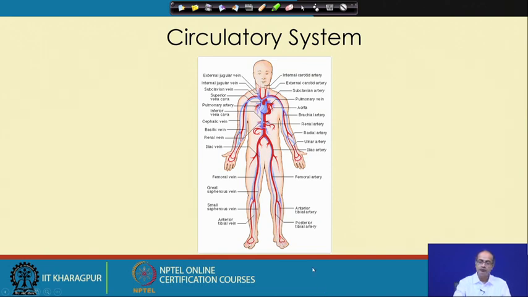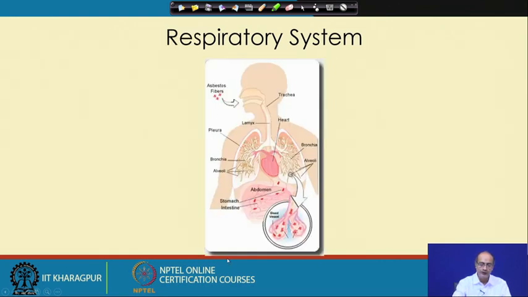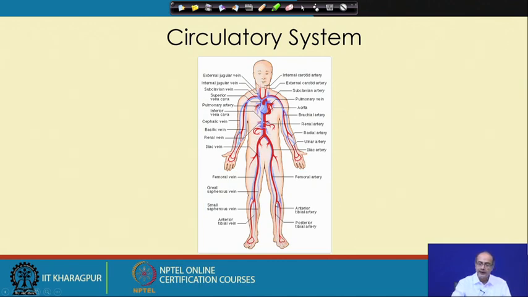So, when we look at the arteries, they spread in the head as well as the different parts of the body. They are taking the blood, and the blood is getting distributed by the subdivisions of the artery, and ultimately there are some very small blood vessels, and so it reaches each cell.